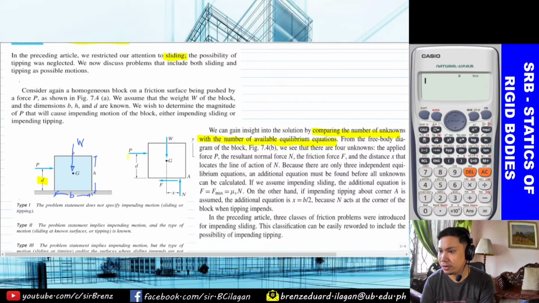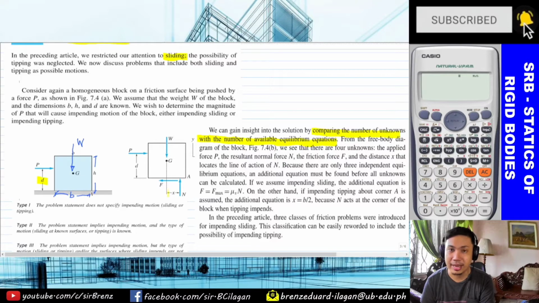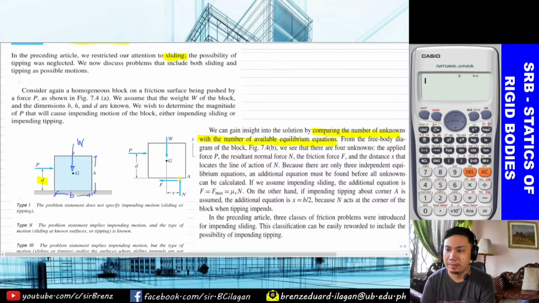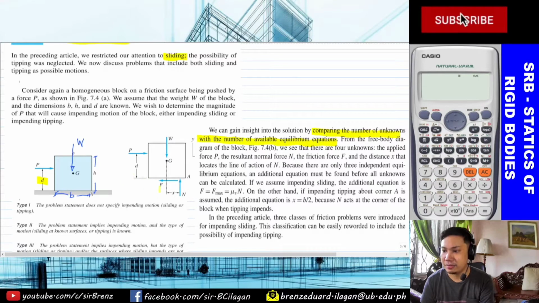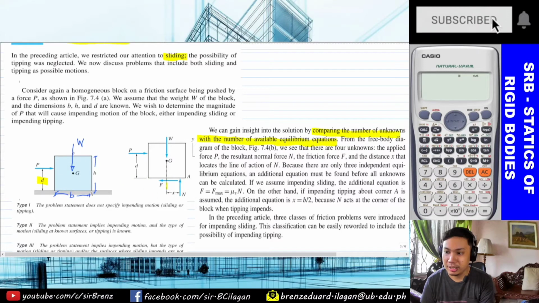The applied force P, and the resultant normal force N, which is acting at a distance x. Since we are considering tipping over, the normal force acts at a certain distance x away from the center of the block.